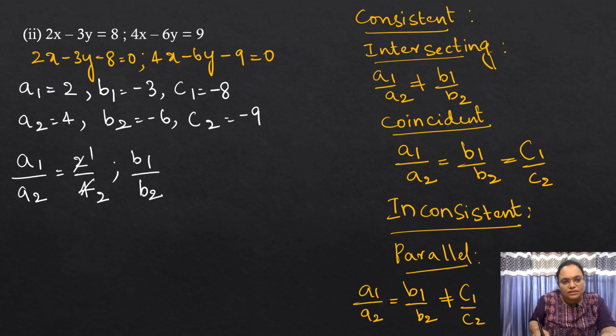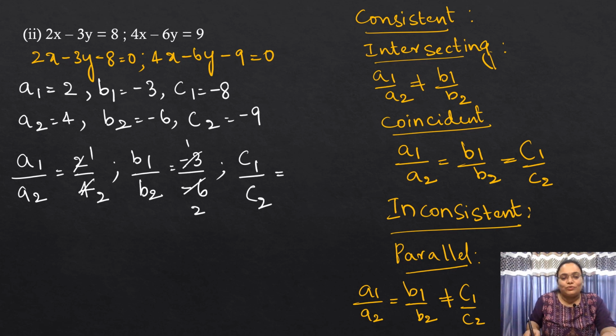B1 by B2 is minus 3 by minus 6, which is also 1 by 2. The next one is C1 by C2, which is minus 8 by minus 9. So we can see that the ratios of A1 by A2 and B1 by B2 are equal.